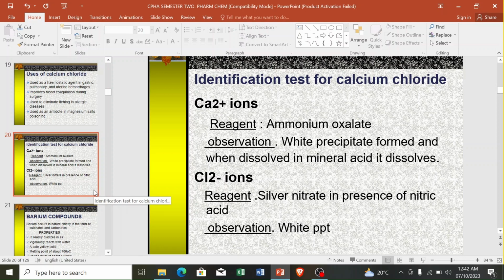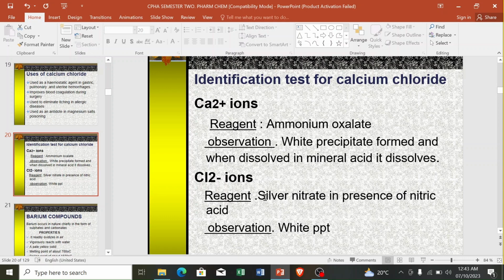Thank you for watching calcium and its compounds. So this is what we have looked at today. We have looked at calcium itself, the physiological roles of calcium, and the different compounds of calcium, where we took interest in calcium chloride.